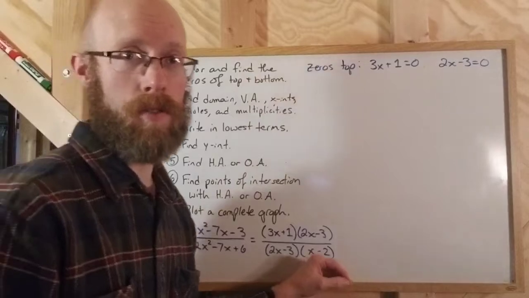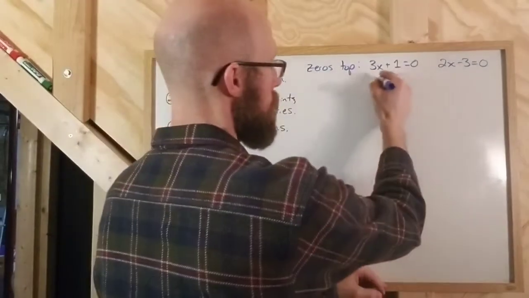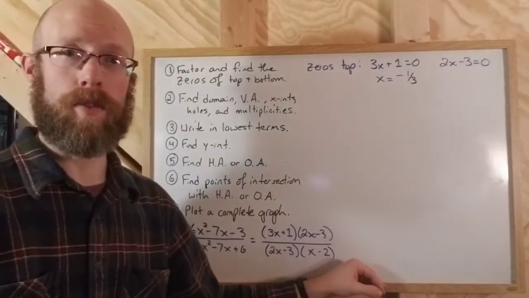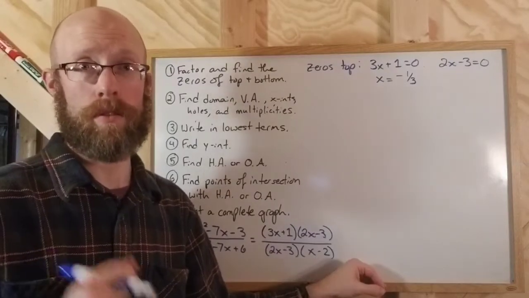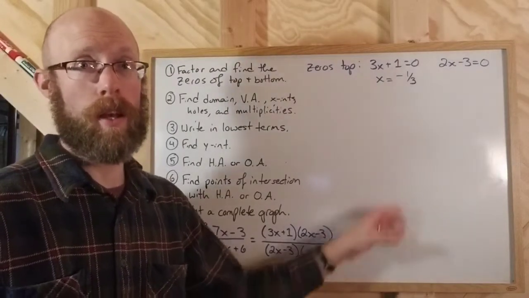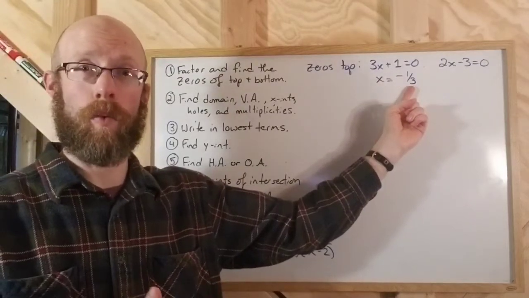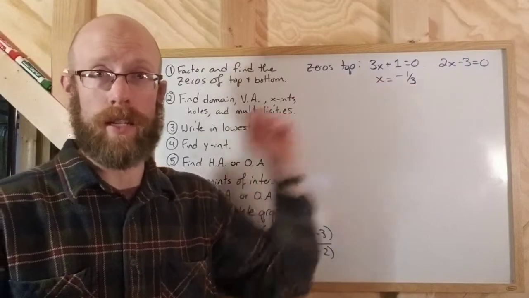Now, hopefully you guys can do this pretty quickly now. If I subtract the 1, divide by the 3, we're going to get a negative 1/3. If I was doing this as a 2-column problem, which you're going to need to do at some point, I would write next to that EQ1 and EQ2, because those are the 2 steps that I use to get to that point.